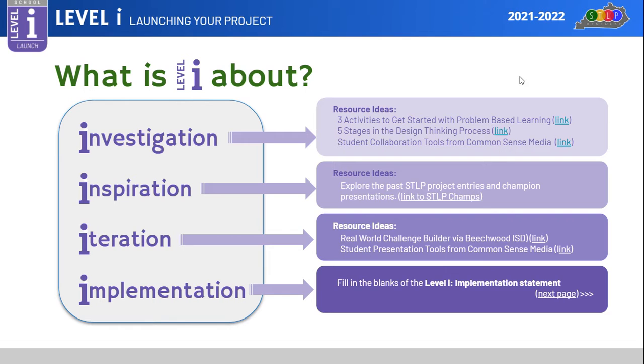So this STLP group came up with the idea to put beacons on the buses that went to an app. It was like a GPS thing, and you had an app on your phone, and they also would run the app on TVs throughout the school.